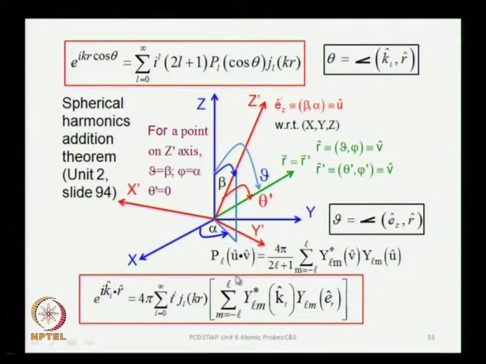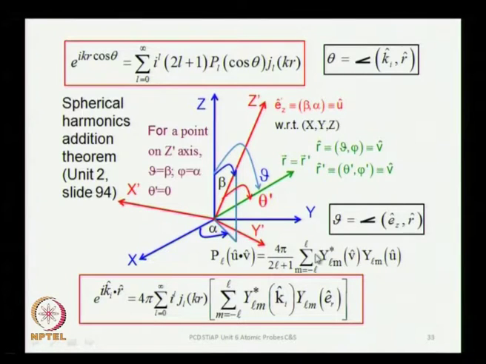So, this Legendre polynomial for an arbitrary value of L, for an arbitrary angular separation between two directions u and v, is given by the summation over a product of spherical harmonics, and you can plug in this summation in place of this PL cos theta, so that you can write this plane wave e to the i k dot r or e to the i k r cosine theta.